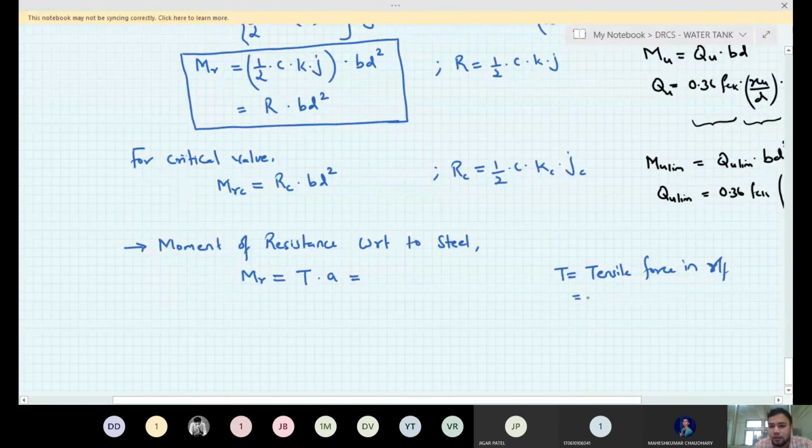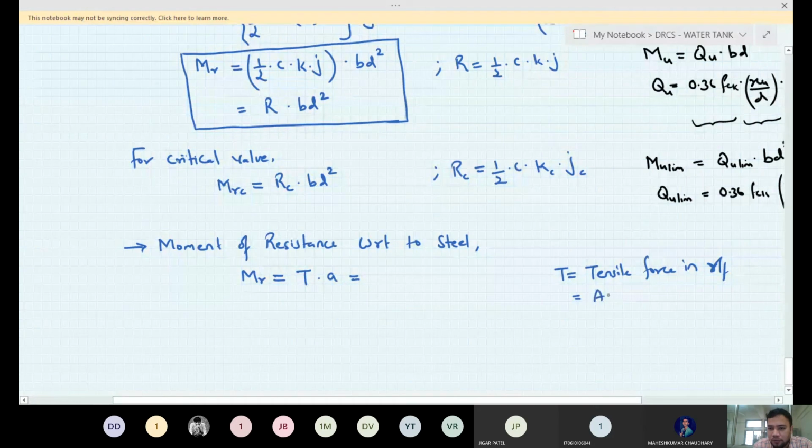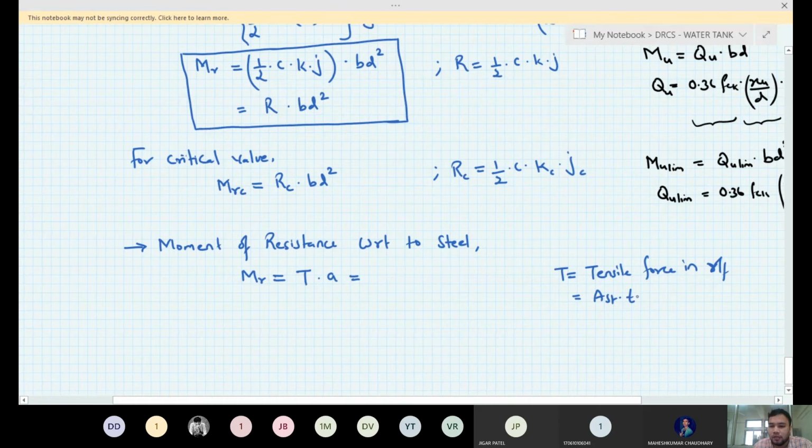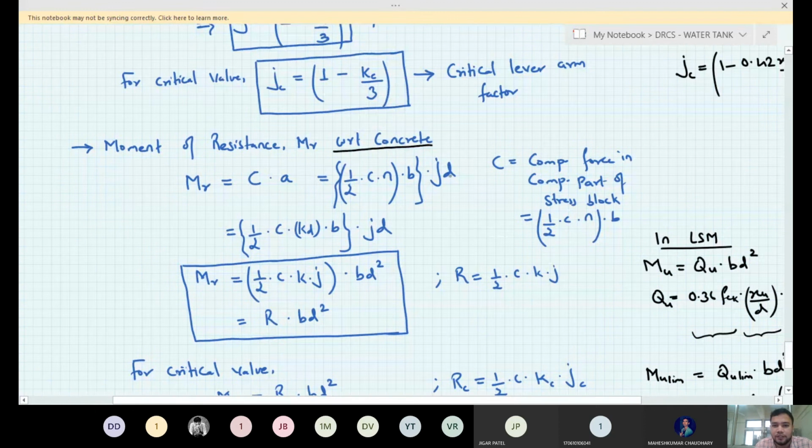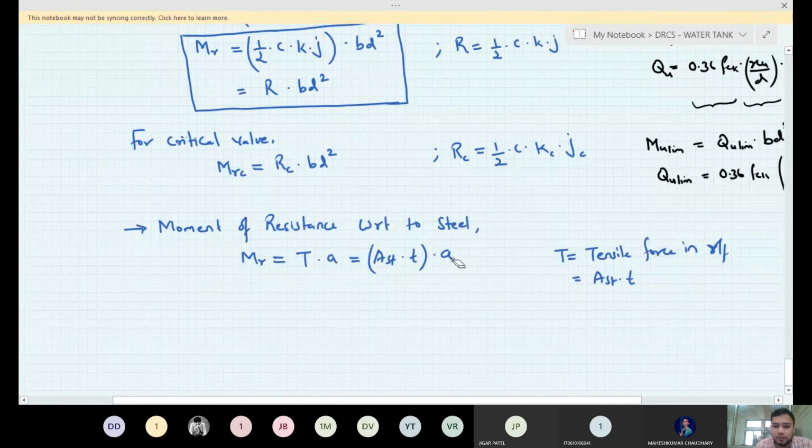This is equal to the area of the steel, AST, into tensile stress sigma ST. So that gives you the tensile force T, and you can write it as AST into sigma ST into A. And what is A? A is J into D. So you can write A is equal to J into D.